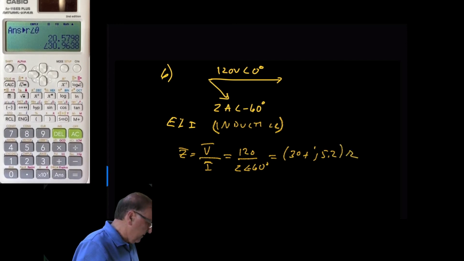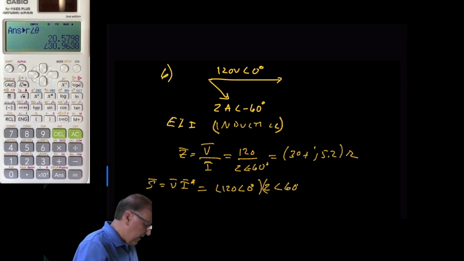And then they want the complex power for this circuit, which is V times I star. That's the complex conjugate of current. So that would equal 120 at an angle of 0 degrees times 2 at an angle of 60 degrees.